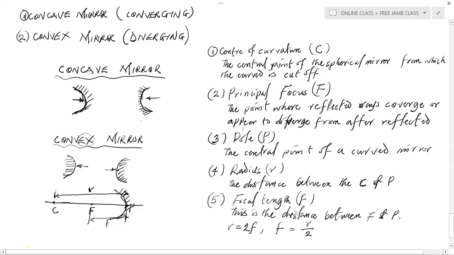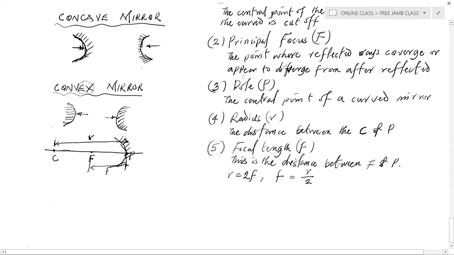Then from there, we can take the sixth one. The sixth one here is the principal axis.